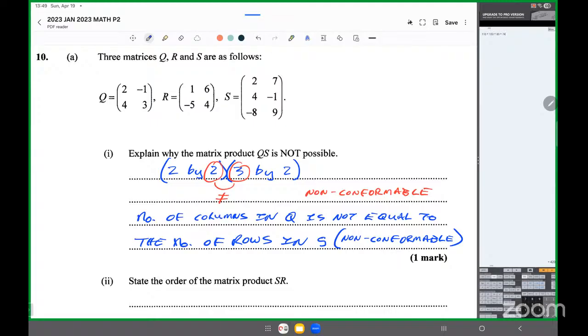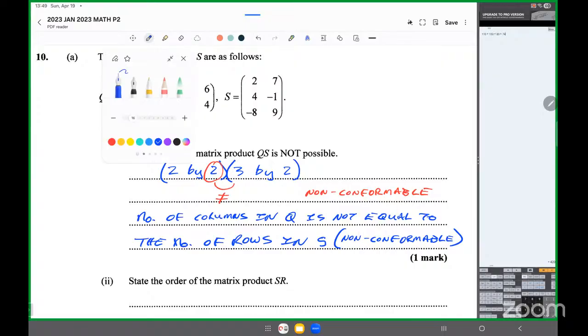That's why it can't multiply. When the number of columns in the first matrix is not equal to the number of rows in the second matrix, they are said to be non-conformable.